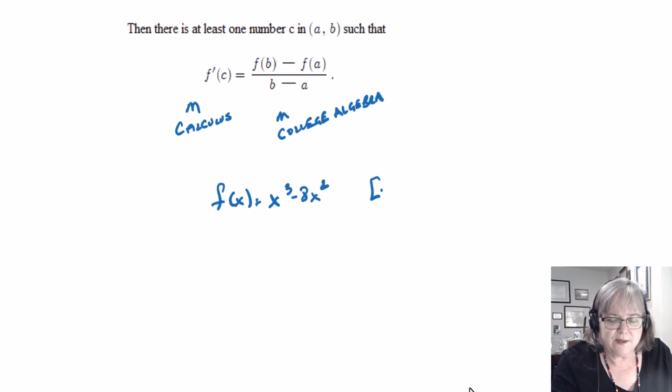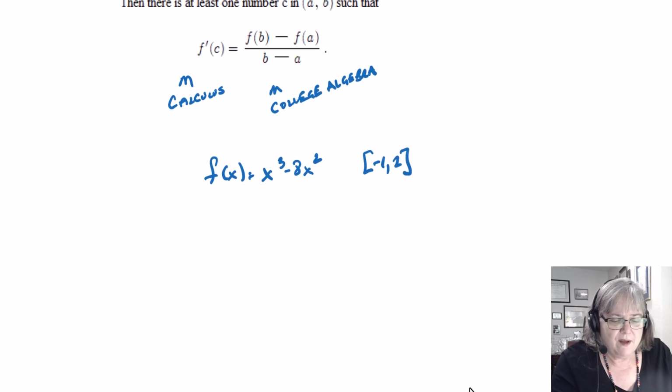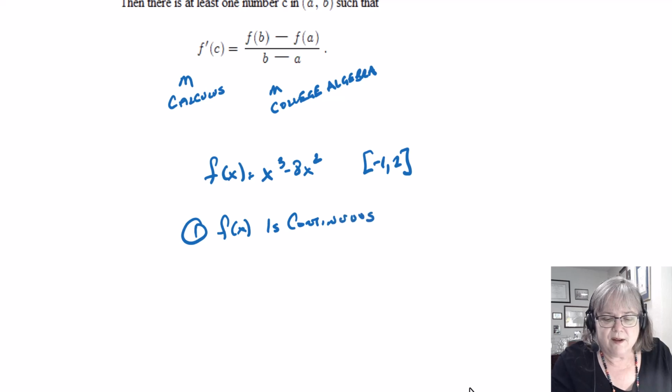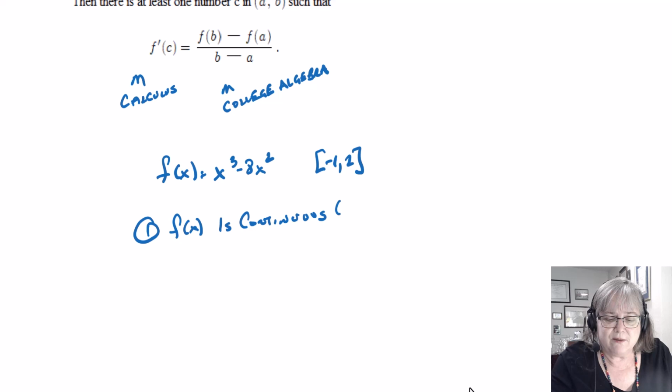And I'm curious about what's going on between -1 and 2. So first, I would have to say f of x is continuous from -infinity to infinity because it's a polynomial.